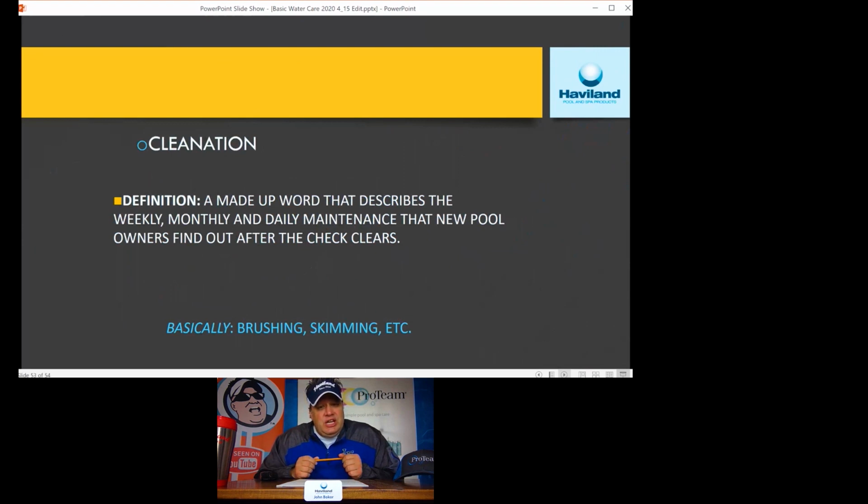And by brushing the biofilm, the things that can cause that stuff that makes us sick in the water, by brushing those walls, you eliminate those things. And there's always going to be some dead spots with your circulation, but you can circulate the water through those corners and things that your robots and vacuums can't get into.